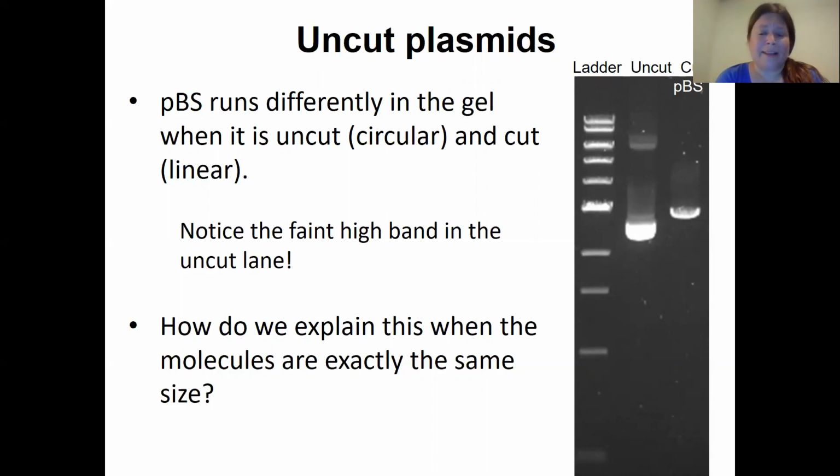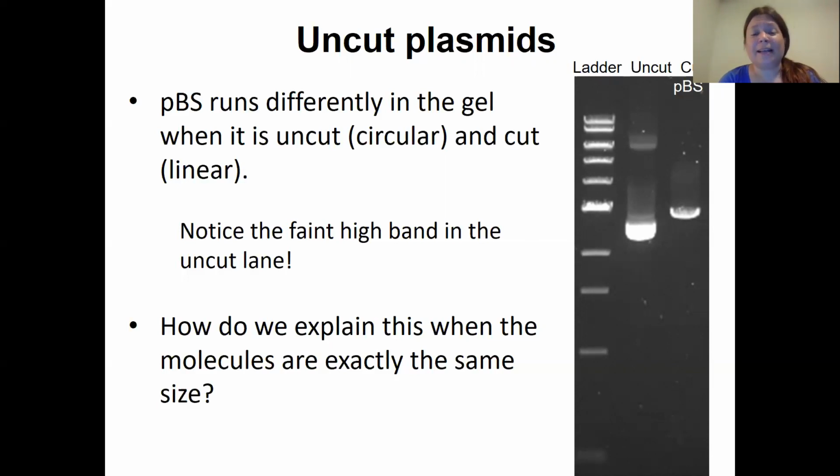We've got 2 bands there, which shouldn't be happening because it's pBluescript that hasn't been cut with enzymes. It's all the same. It shouldn't show up in 2 places. We can understand maybe why circular DNA and linear DNA might run differently, but circular DNA and circular DNA also running differently might be a little unexpected.